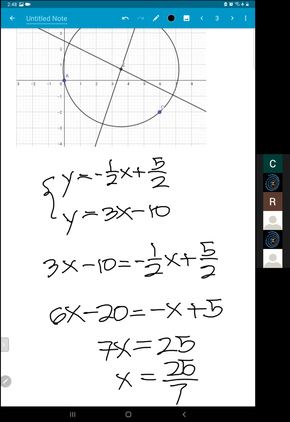So that's the x coordinate of the center. And then you can get y by using this one.